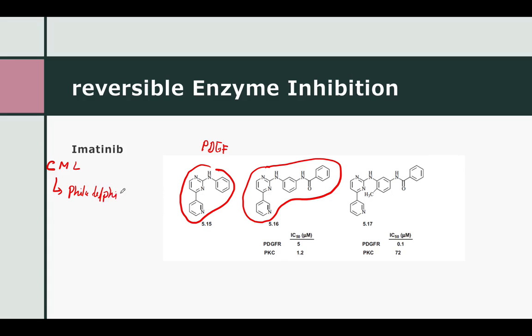So it's a chromosomal abnormality that leads to the expression of an abnormal protein called BCR-ABL. The BCR stands for breakpoint cluster region, and the ABL is the Abelson kinase.